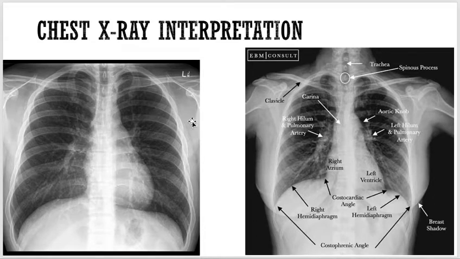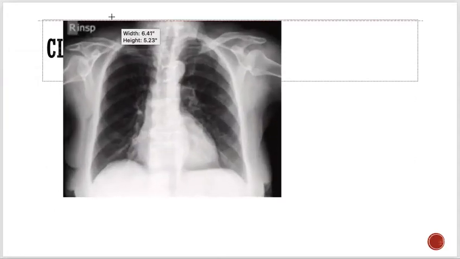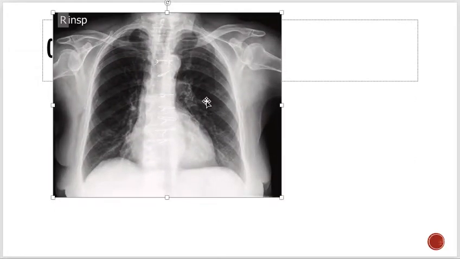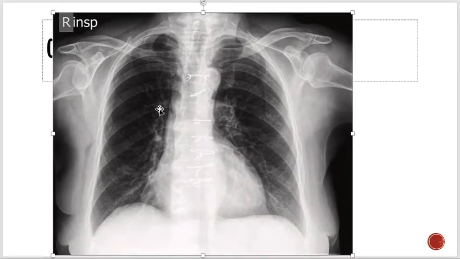Then the second thing you have to see is the technical factors of the film. What they do is write over here the sides, for example. Then they write whether this one is taken in inspiration or expiration.